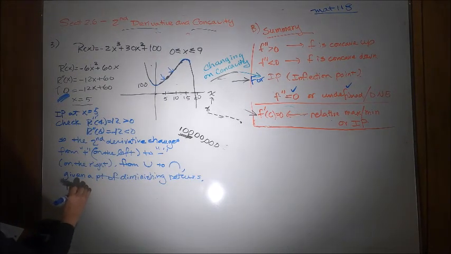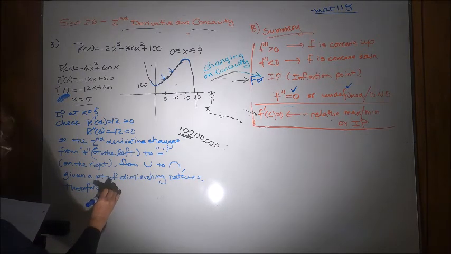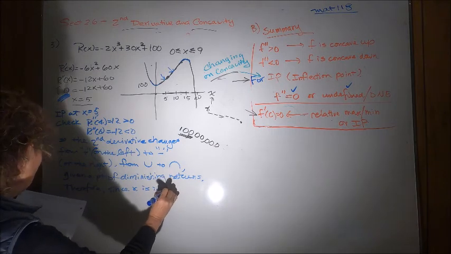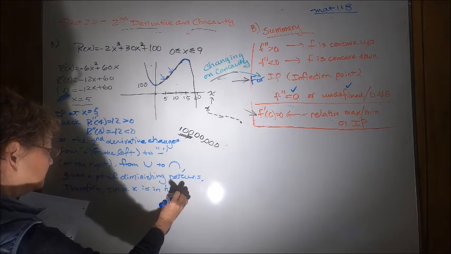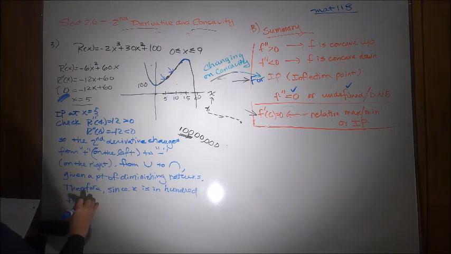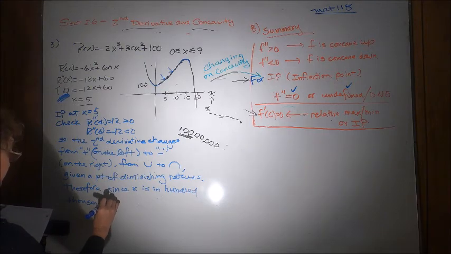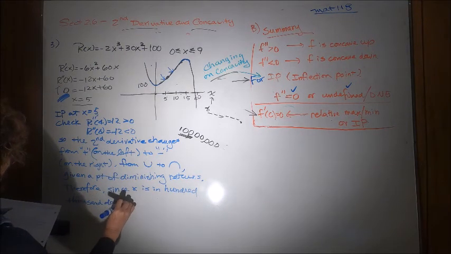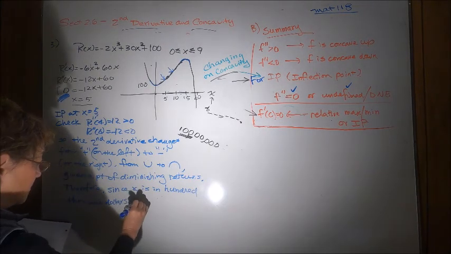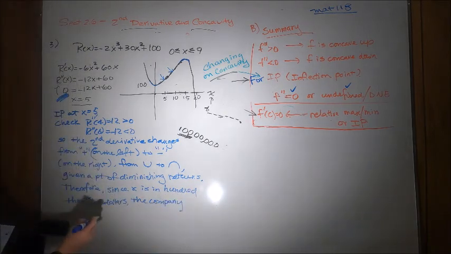So how would we say it? Therefore, since x is in hundreds of thousands, $100,000, right? So the company at the 5.